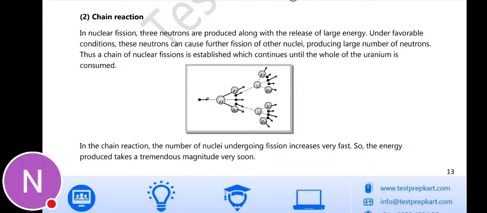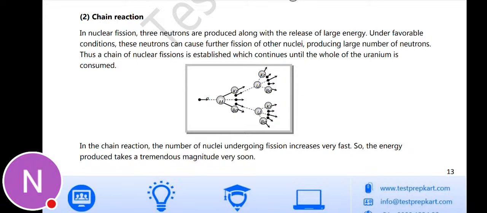Under some conditions, these neutrons can be used for further fission of other nuclei, which produces a large number of neutrons, and thus a chain of nuclear fission is established.